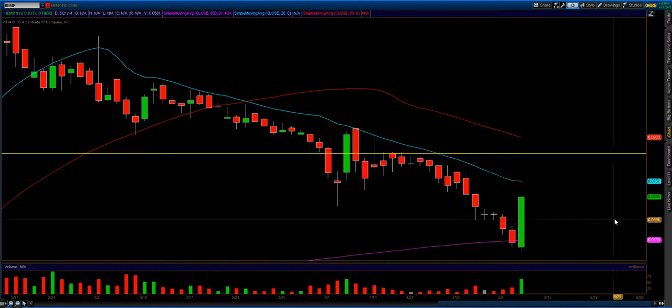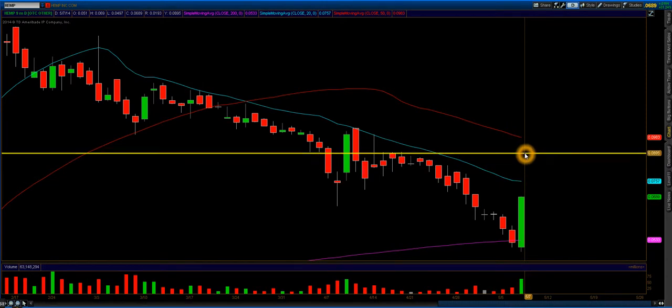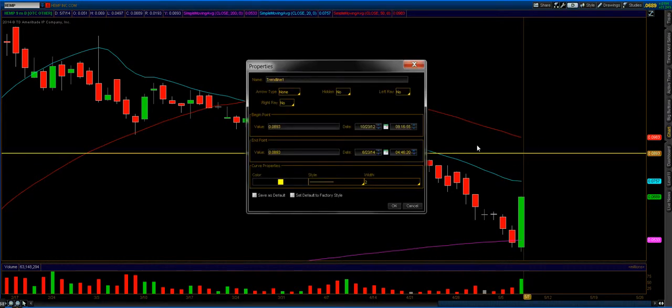Watch this blue line here, 0.0757. That's your first resistance on the daily chart. And then this line here is that 9 cent level, 0.0893. I'm calling it 9, a round even number. In fact, I'll change that to 9.